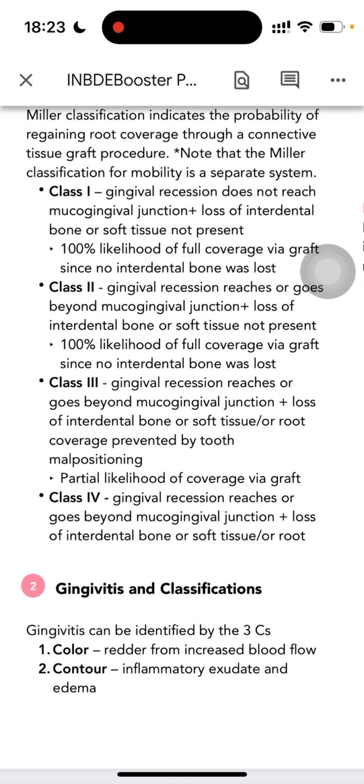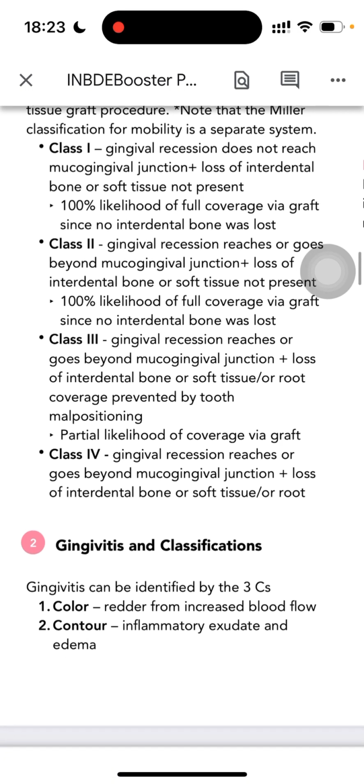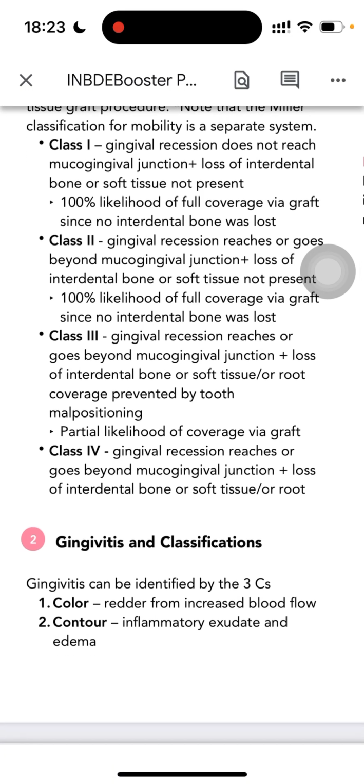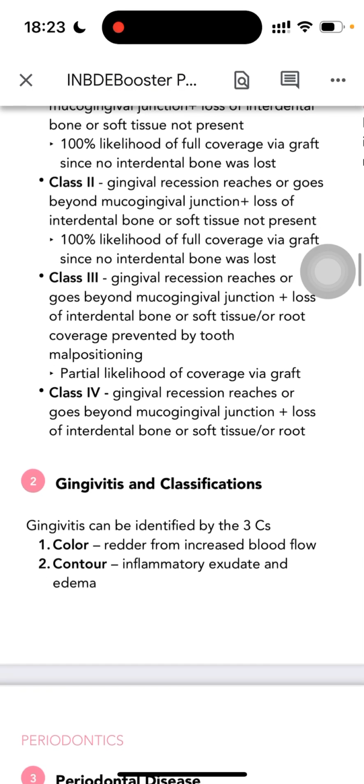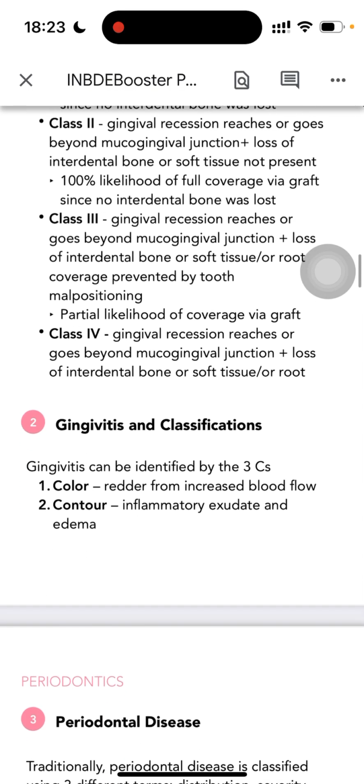Class 3: gingival recession reaches or goes beyond the mucogingival junction, with loss of interdental bone and soft tissue, or root coverage prevented by tooth malpositioning. Partial likelihood of coverage via graft. Class 4: gingival recession reaches or goes beyond the mucogingival junction, with loss of interdental bone or soft tissue or root.